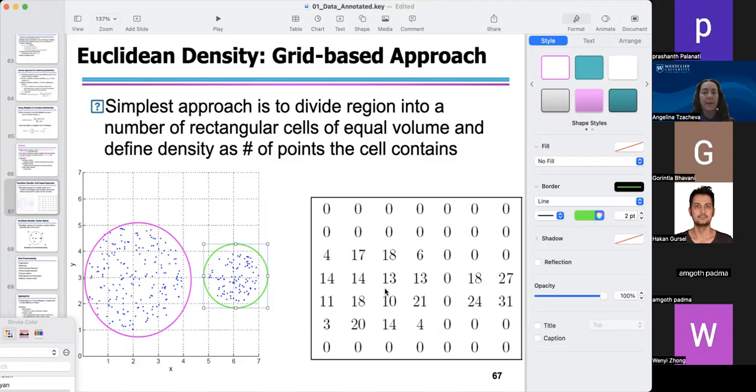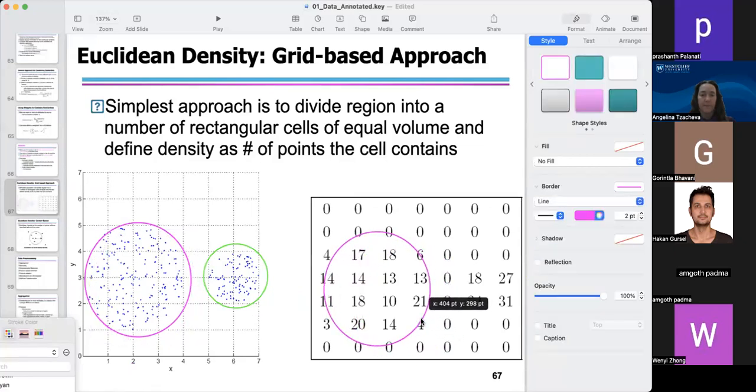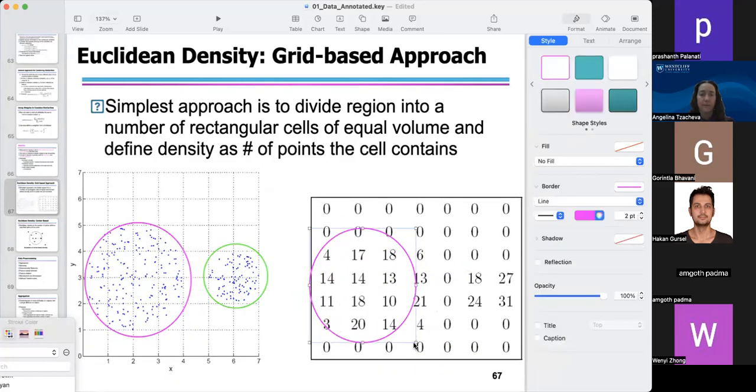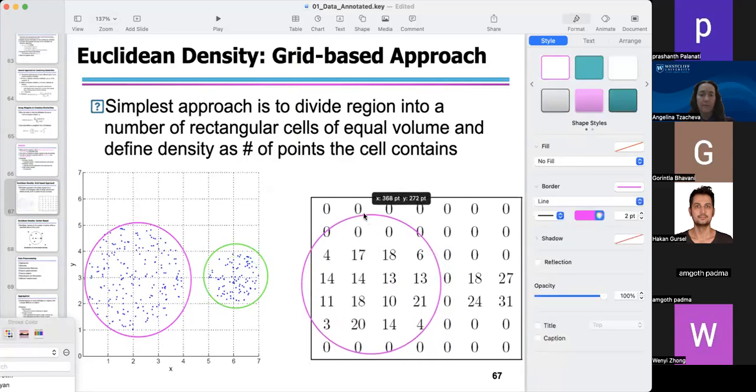So the map on the right side is going to show us the number of objects in this location. We can see here, this is a dense region.